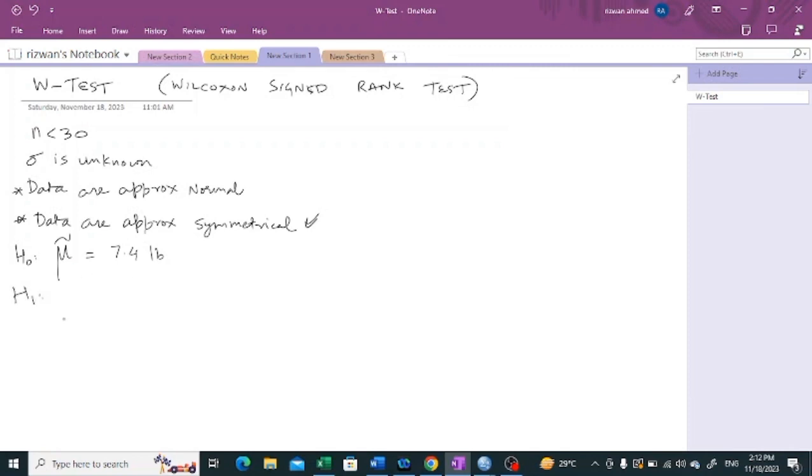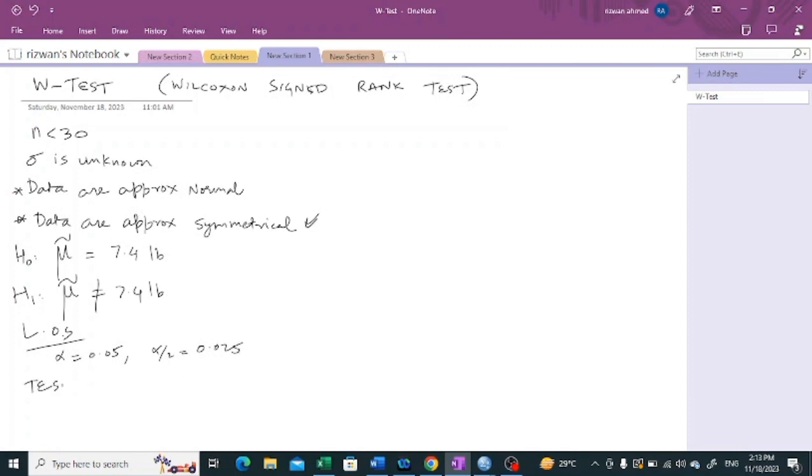And we are asked for testing the hypothesis that the median value differs from 7.4 pounds. Then, as usual, in the next step, we will state the level of significance that we are given. For hypothesis testing, it is given as 5%. And since we are performing a two-tailed test, considering the not equal to sign in H1, we divide this given significance level by 2.